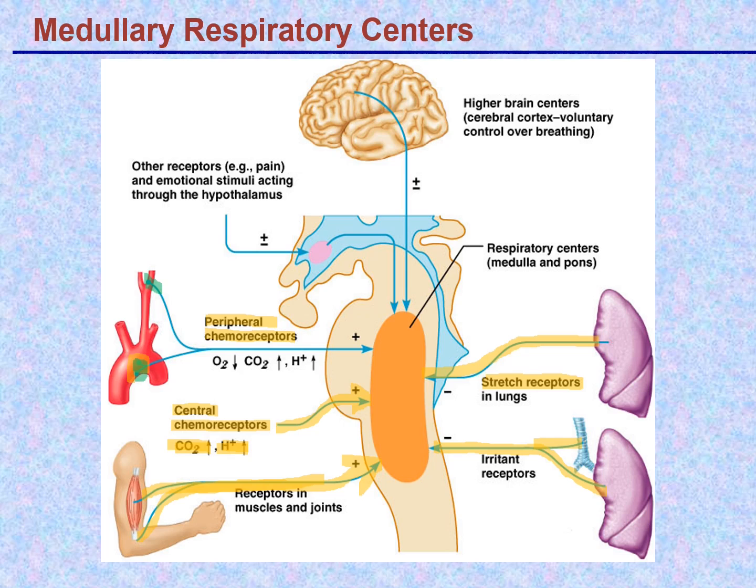This would be the left carotid artery, but there's also one on the right side. This is the right subclavian. This is the right carotid artery. This would be the brachiocephalic artery here, and this is on the left.